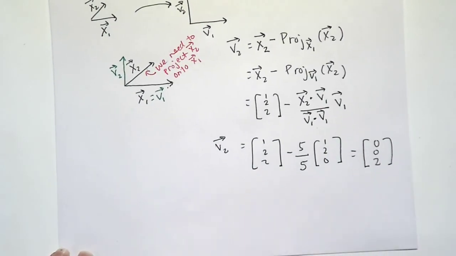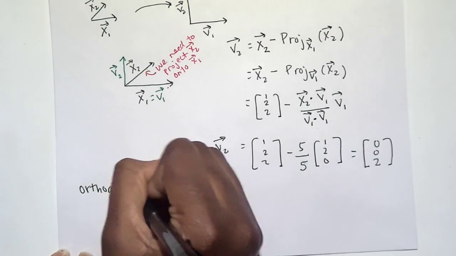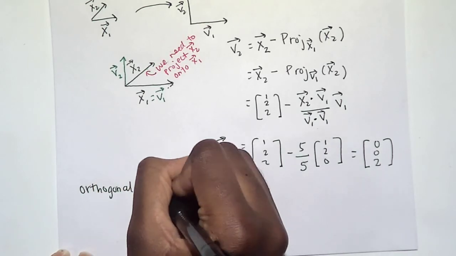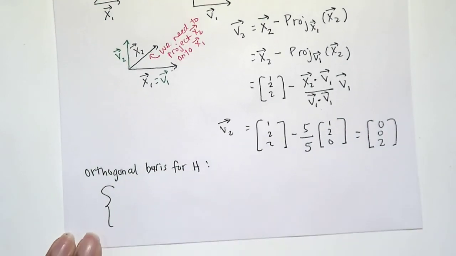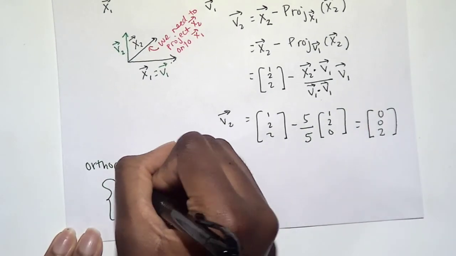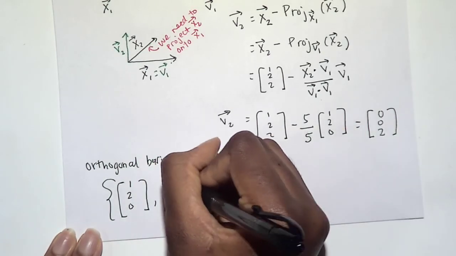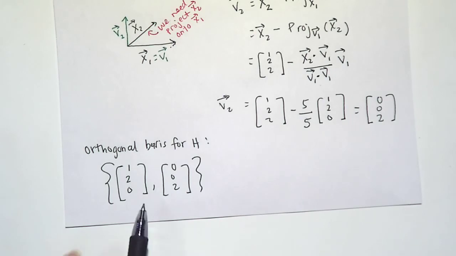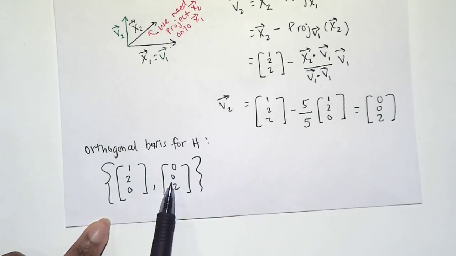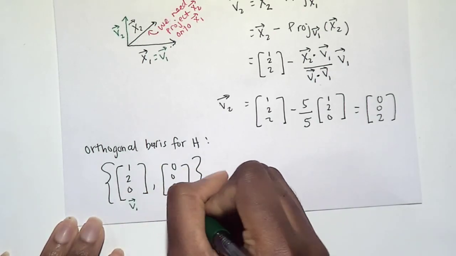So we would say that the orthogonal basis for H is the set of vectors. First one should be the same, 1, 2, 0. Second one is 0, 0, 2. And you can check to make sure that these are actually orthogonal, right? Dot product, we should get 0. So this one is our V1, this one is our V2.